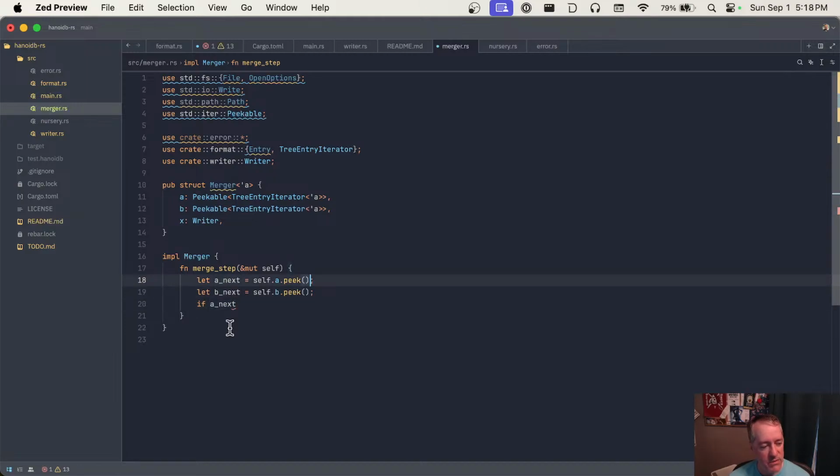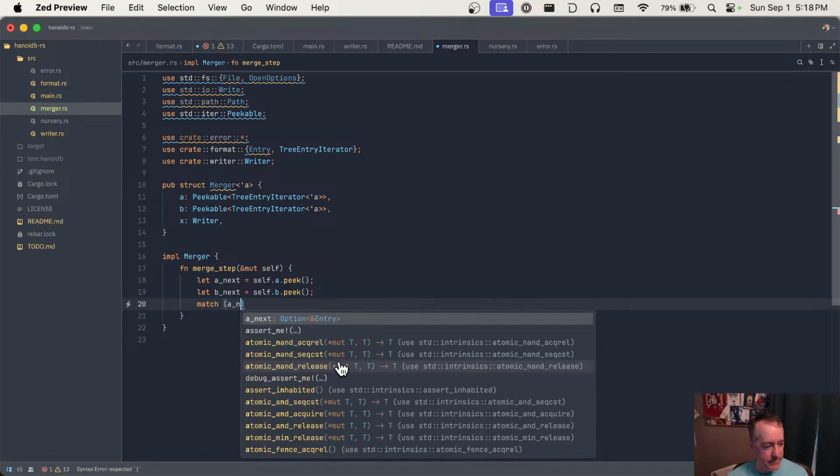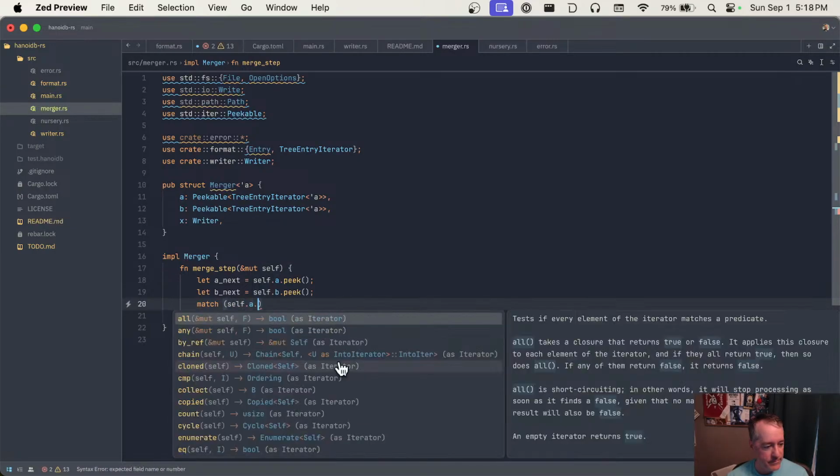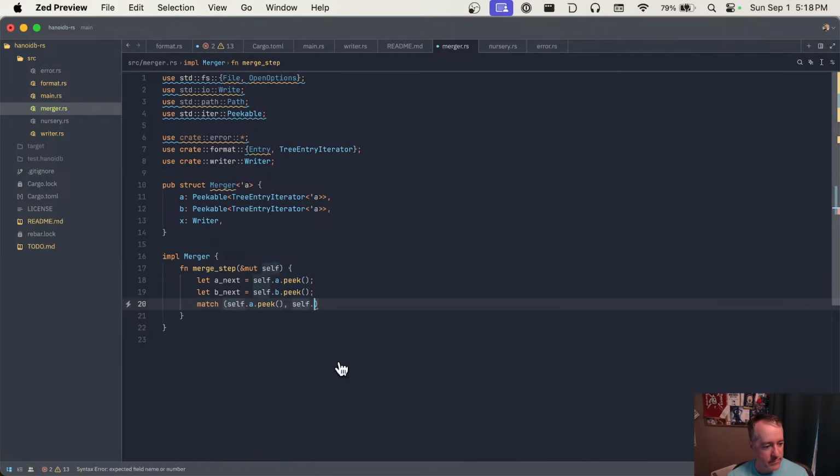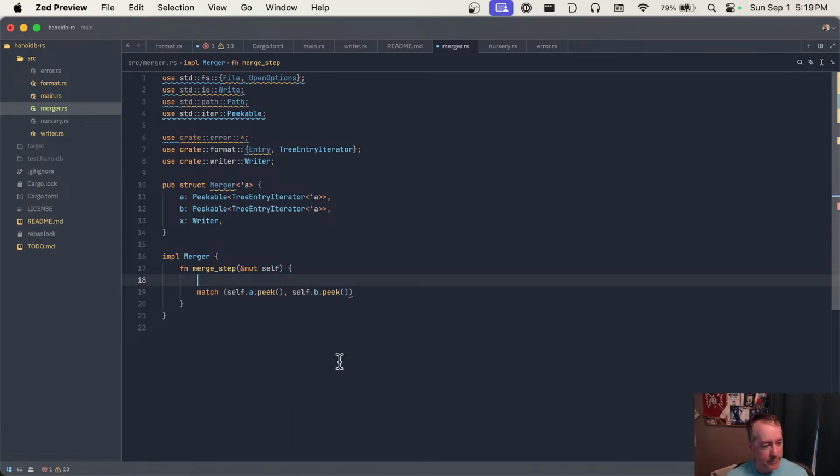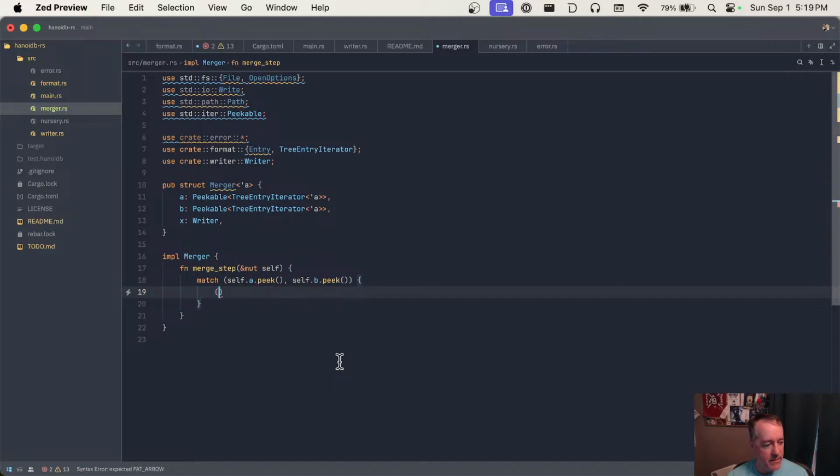These are both options, though. If there's nothing left in this iterator, then how about we do something like this? And if they're both none, then we have no work to do.